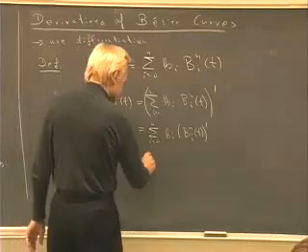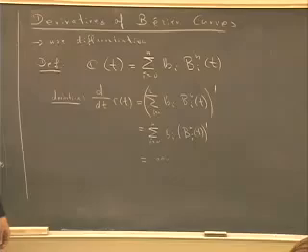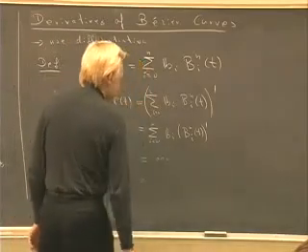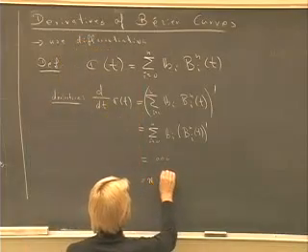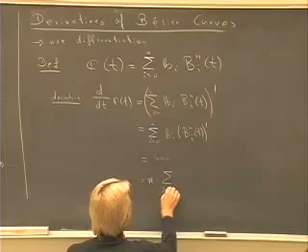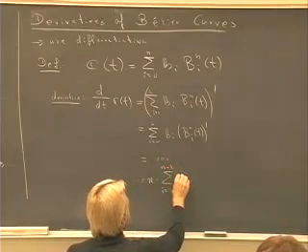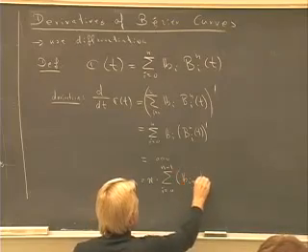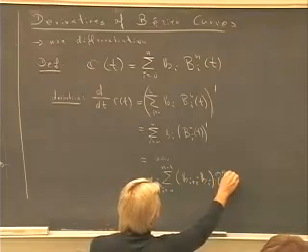And at the end of the day, after many, many steps, you get this. You get the derivative is n times the summation, i from 0 to n minus 1, of b_(i+1) minus b_i times B_i^(n-1) of t.